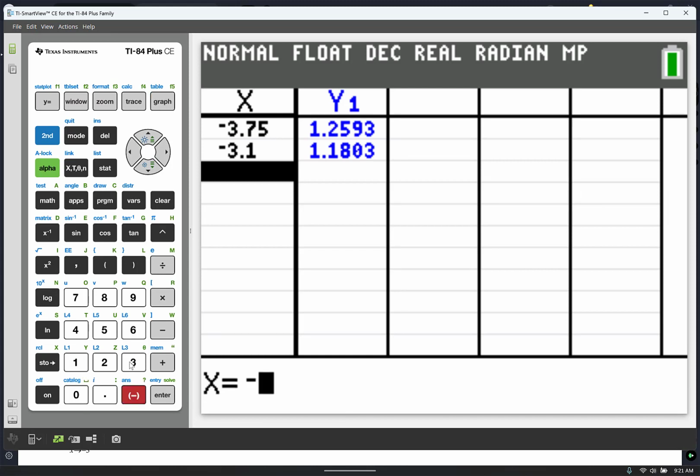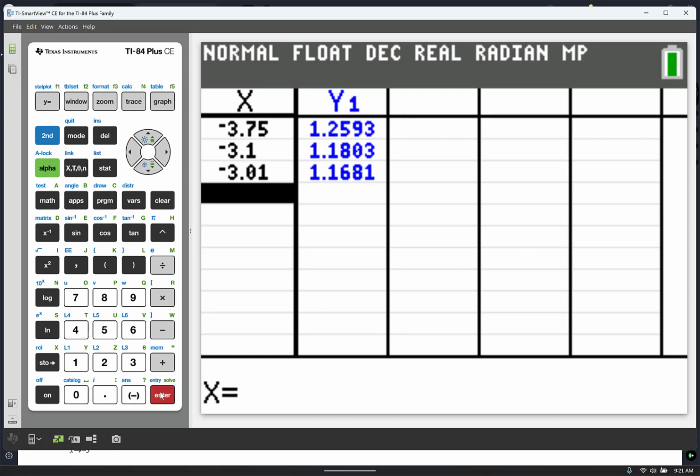Next, negative 3.01 and negative 3.001. It didn't work because you need a table set.